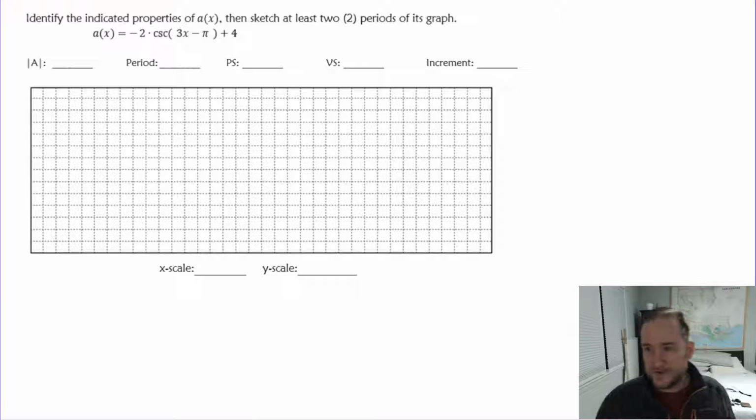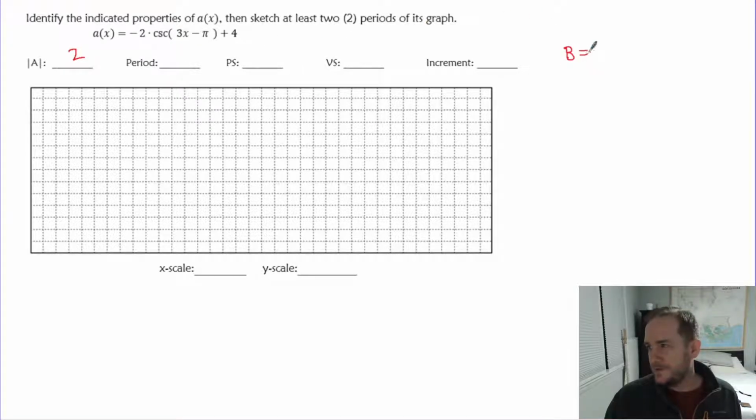Okay, so you tried it yourself. I hope you did a good job. Looking here, you should have pulled out an a value of 2. We're going skinniest. You should have pulled out that your period was actually, maybe we'll do that work off to the side.